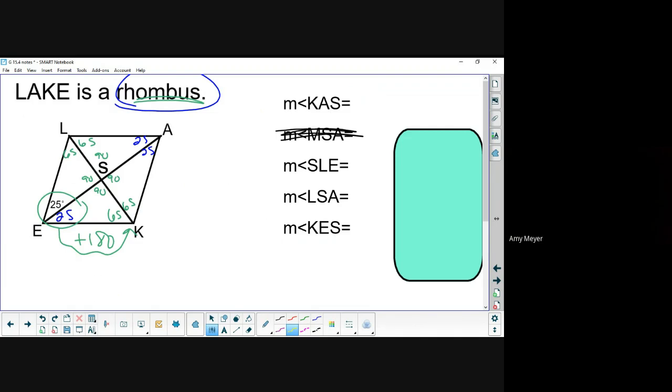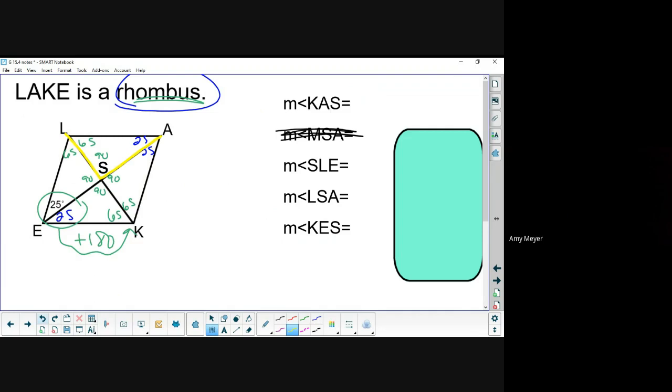Okay, let's go through these answers. Angle KAS, that's 25. SLE, 65. Third one, LSA, is 90.